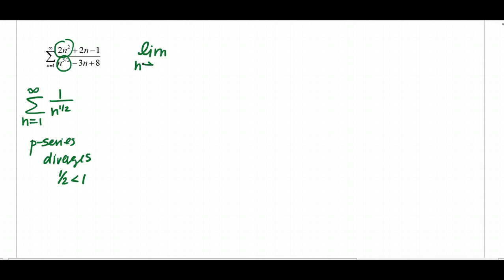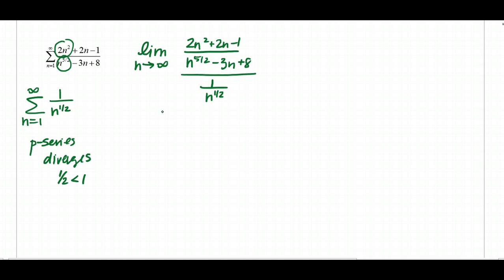So I'm going to do the limit as n approaches infinity of 2n squared plus 2n minus 1 over n to the 5 over 2 minus 3n plus 8, over this general term of the series I just chose, 1 over n to the 1/2.